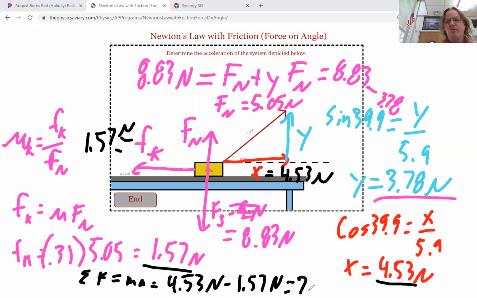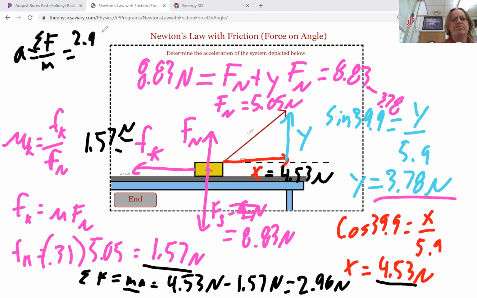So I have a net force of 2.96 Newtons. Well, that equals the mass times the acceleration. I'm running out of room, so I'm going to clear up this corner over here. So the mass times acceleration is 2.96, the net force.